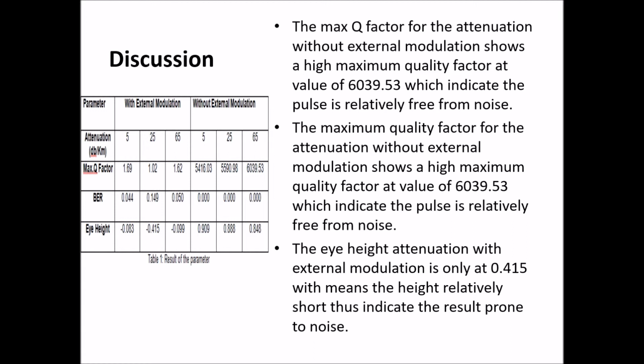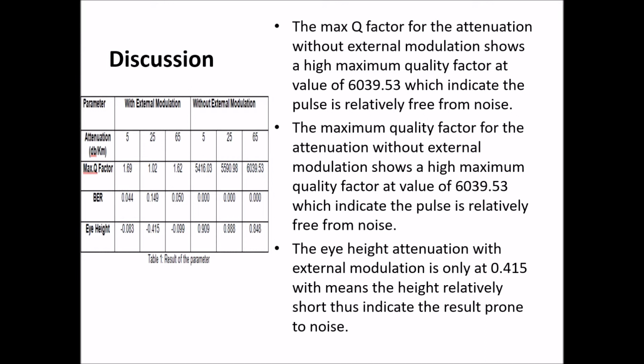Moving on to the eye height attenuation with external modulation. The eye height is only at 0.415, which means the height is relatively short, thus indicating the result is prone to noise.